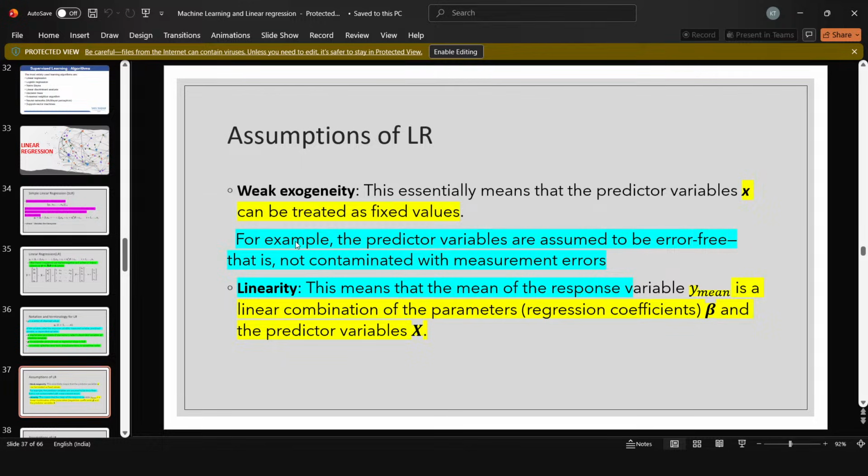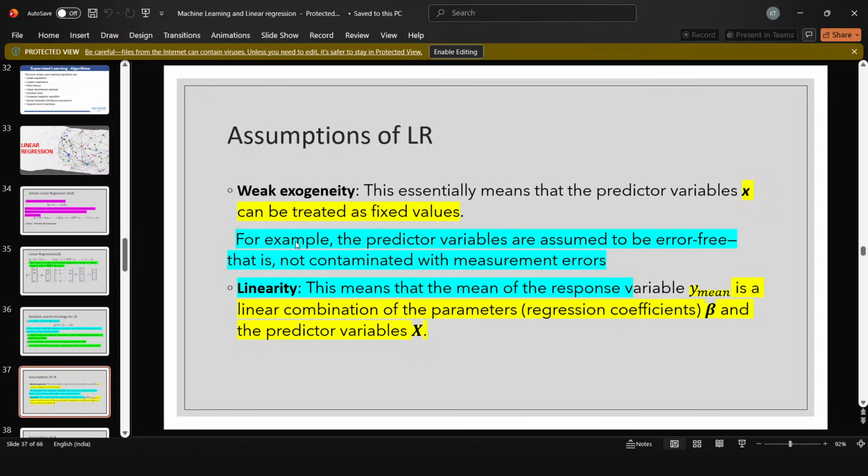Assume that when training the model, the x values, the predictor variables themselves, have errors. Like there is a sensor error due to which the x value, which has to be 5, is mistakenly recorded as 50. Then what will happen? The model that is trained on these predictor variables will also be faulty, right?